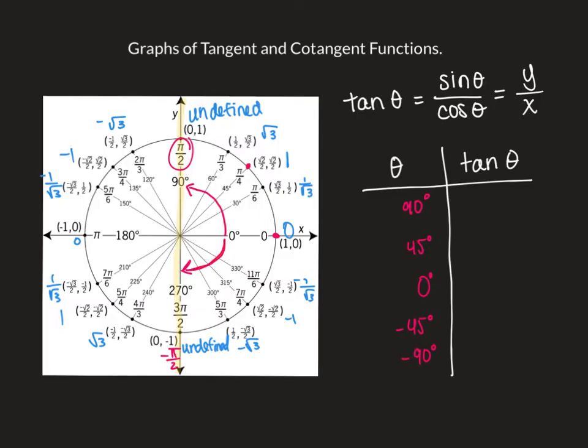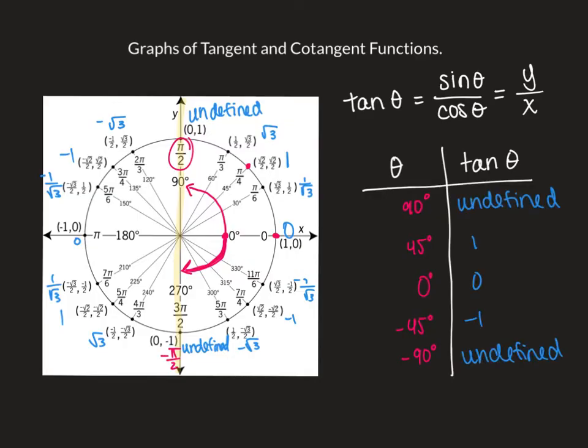And the reason, again, I'm rotating negative is because I need my graph to be between these two undefined values. And for it to be a continuous graph, I need to just start at 0 and go negatively and positively. So now I'm going to write the tangent values for each of those angles.